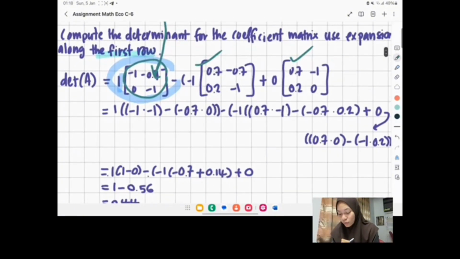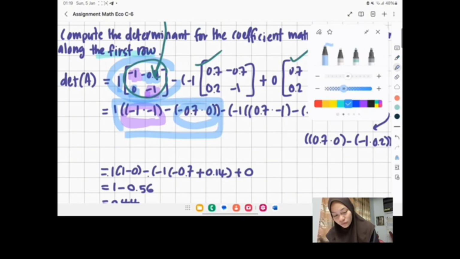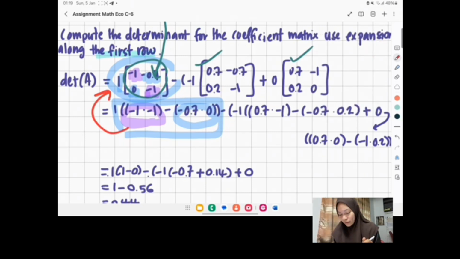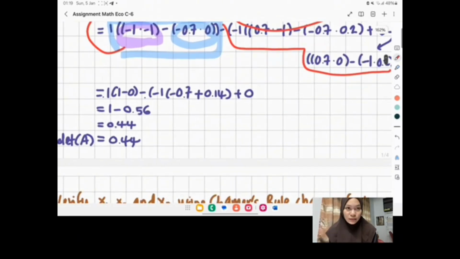And how to calculate it is negative 1 times negative 1, and here and here negative 0.7 times 0, and like this for this one. Okay, same for this element. After you calculate it with the calculator, you can find the answer is 0.44, the determinant of A.